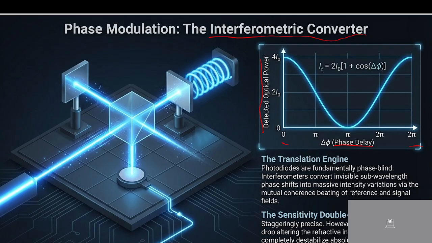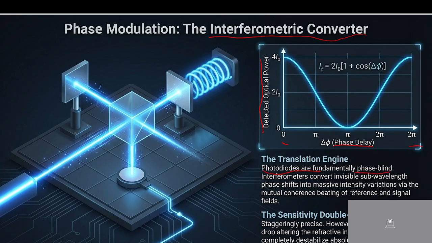So how can we translate this phase into the actual signal carrier? We can translate it using photodiodes, which are fundamentally phase blind.